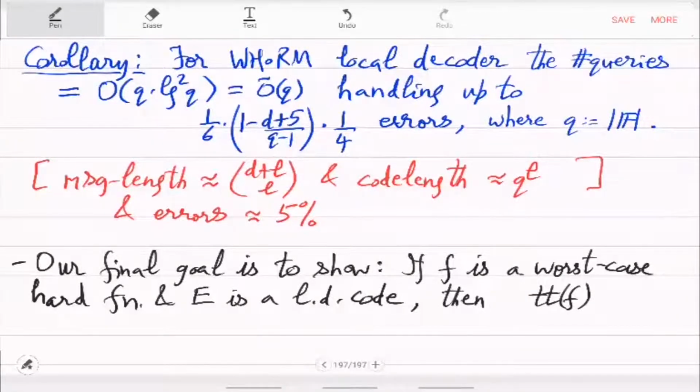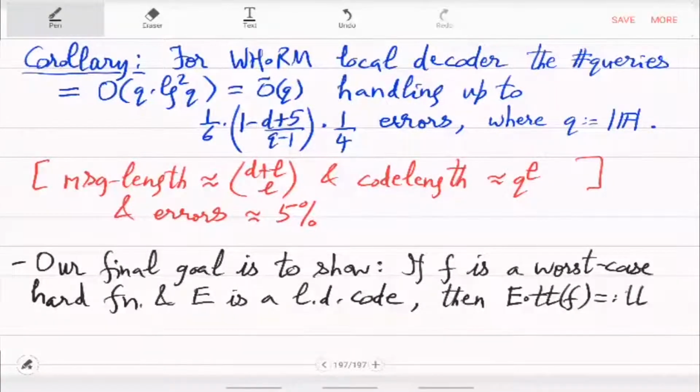The values that f takes on all possible n bit inputs is 2 raised to n values. So, that is called the truth table of f. On the truth table you apply the locally decodable code E, okay, and you will get a slightly bigger string, and that defines a function f prime.